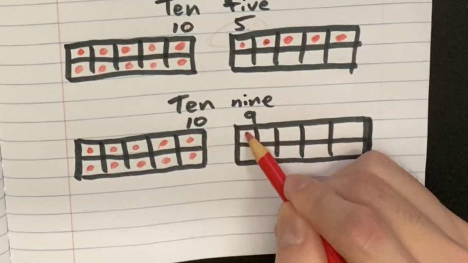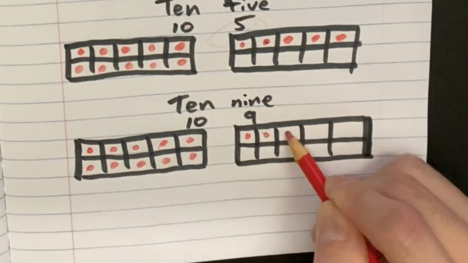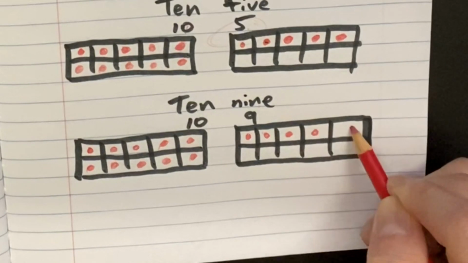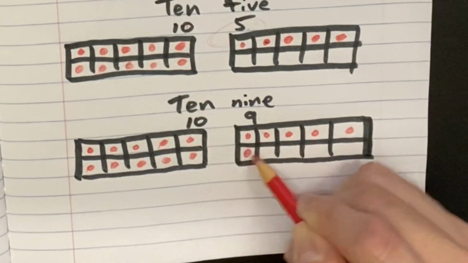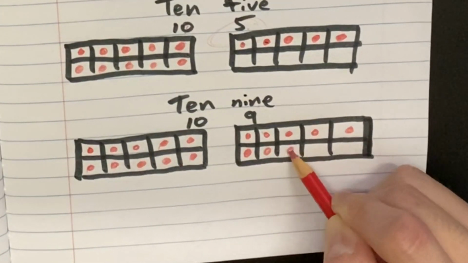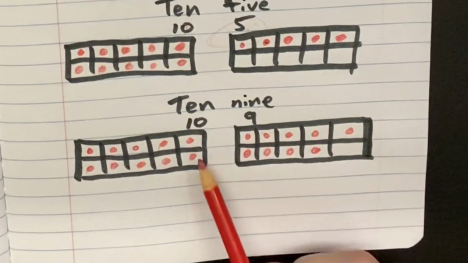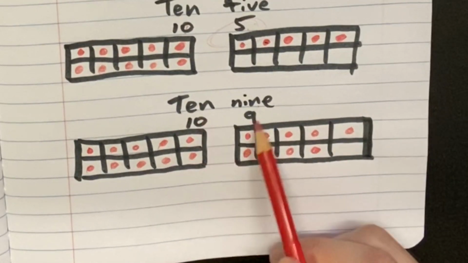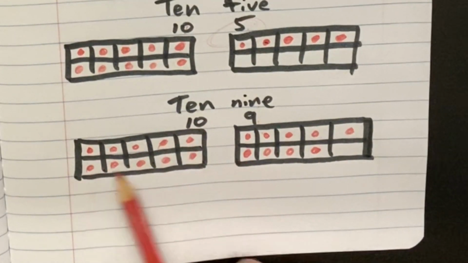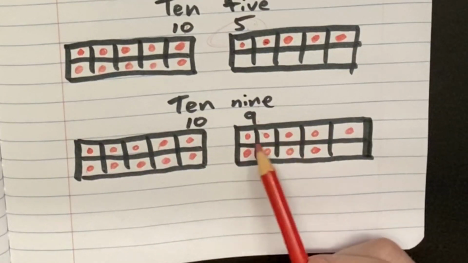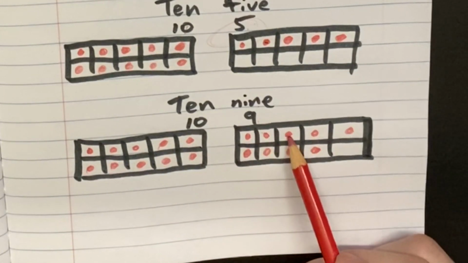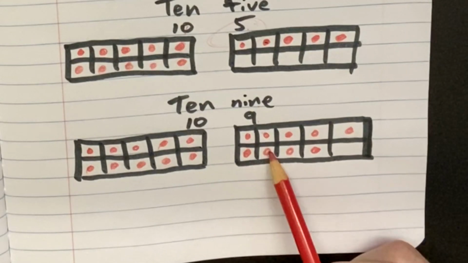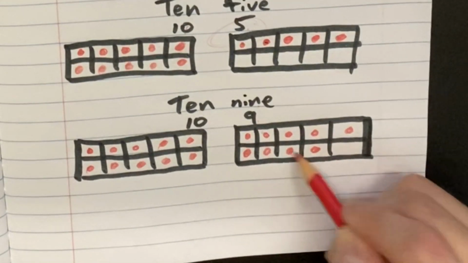So let me fill in 9. 1, 2, 3, 4, 5, 6, 7, 8, 9. Let me check my work. This side had 10, 10, 9. So this side's 10. Yep, got my 10. This side was 9. Did I get my 9? 1, 2, 3, 4, 5, 6, 7, 8, 9. Yes, I got my 9.